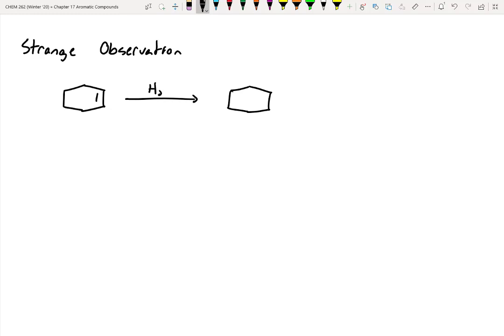We can do that using hydrogen and palladium on carbon, and we can actually measure the energy or enthalpy of this reaction. And when they did this, they found that experimentally it was a negative 120 kilojoules of energy per mole of starting material. So they're able to measure the enthalpy of the system, meaning the heat being released or absorbed, right? So that's kind of neat. It's an exothermic reaction.